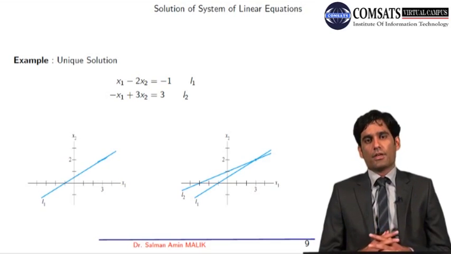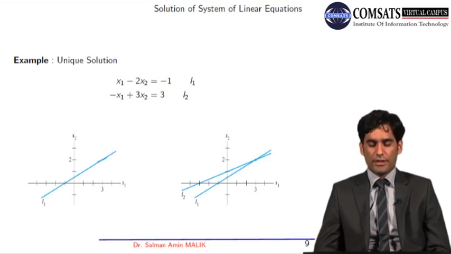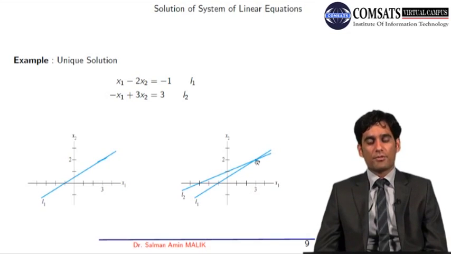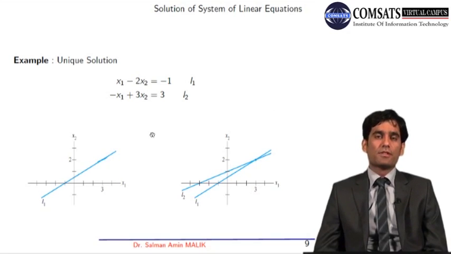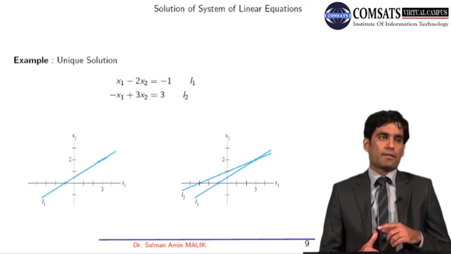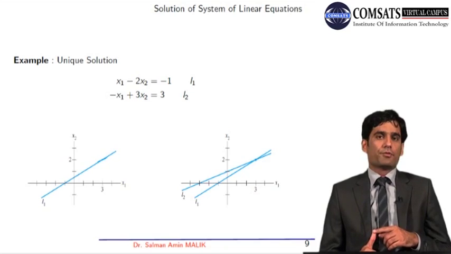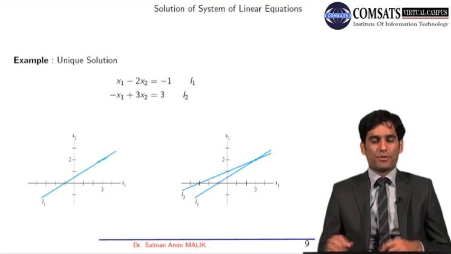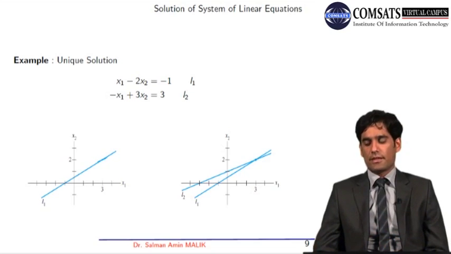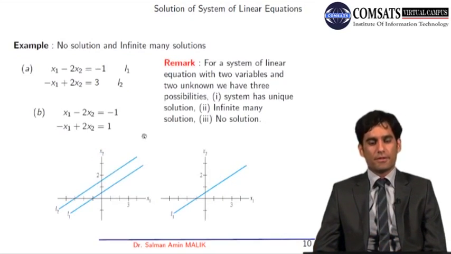In this figure, this unique point is the solution of this system of linear equations. So this is the first possibility, that a system of linear equations can have only one solution. Let's go to the next slide and explore the other possibilities.